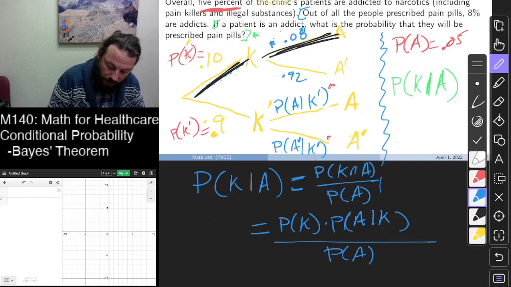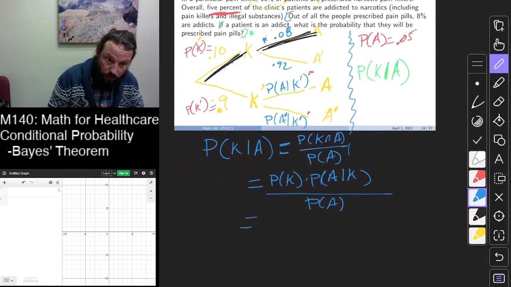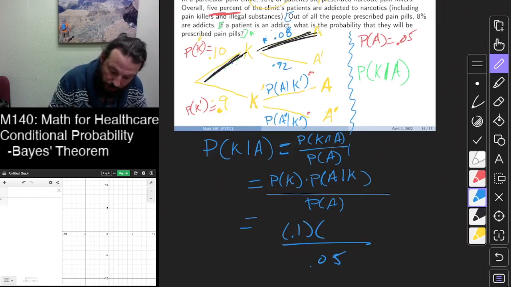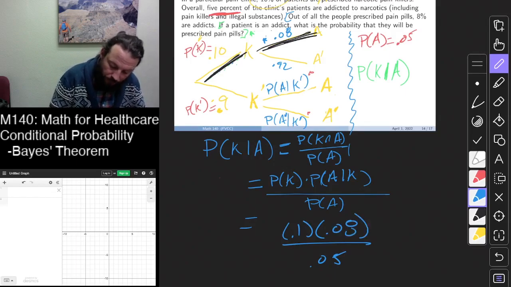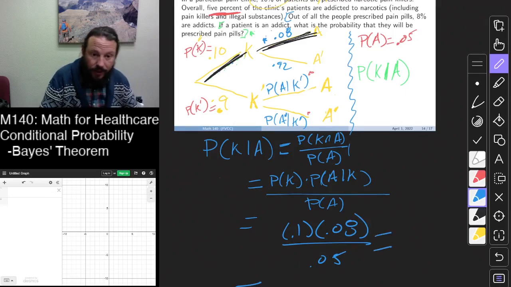So I'm going to do some calculations here. We know the probability of A is 0.05. The probability of K is 0.1 times the probability of A given K, which is 0.08.